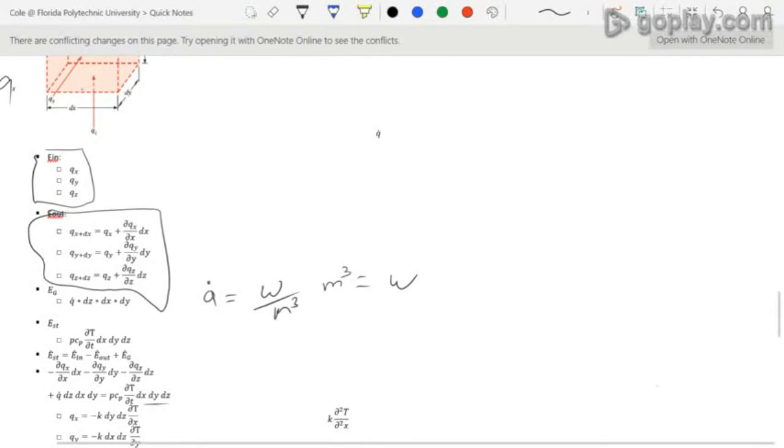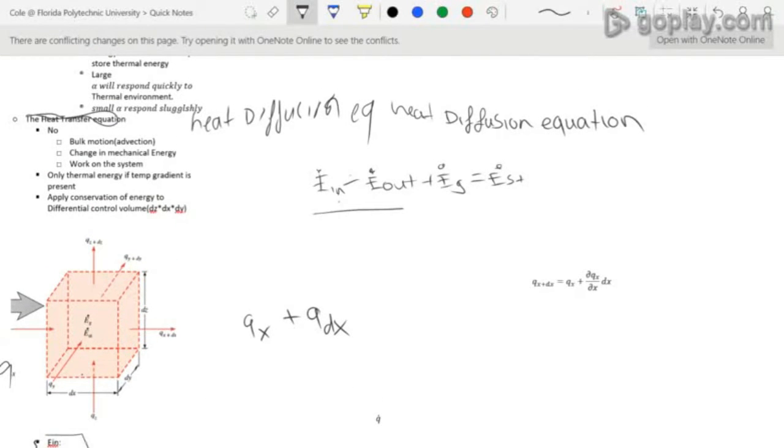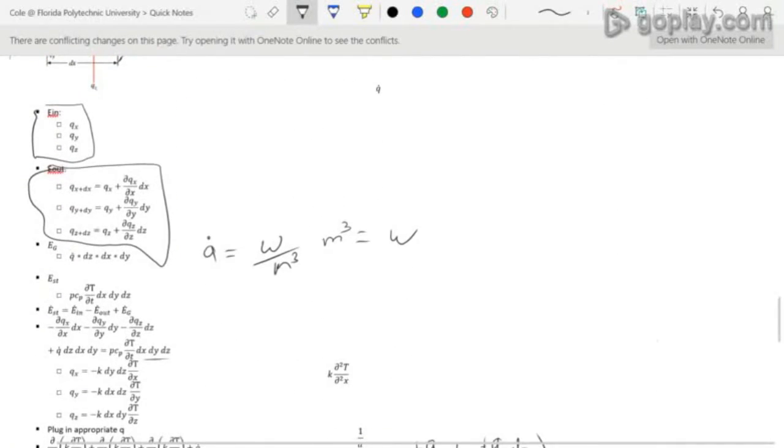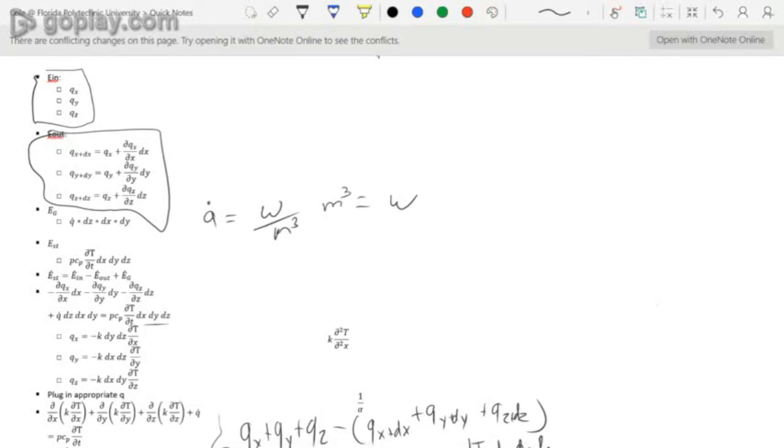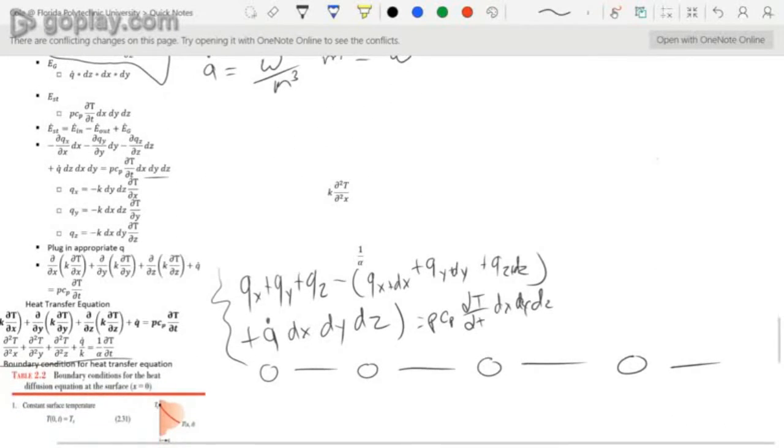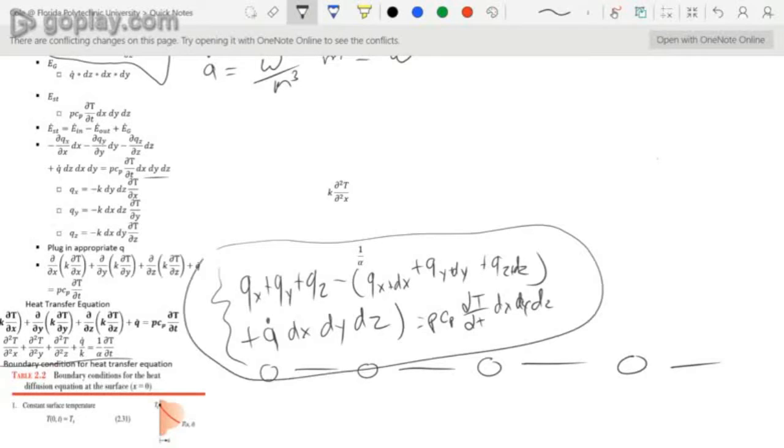And so when you apply the equation that we learned in 1.3, which is right here, you get this right here. We're going to circle it. So you get the Q of X, Q of Y minus the QX, DX, and then the QY, DY plus the QZ, DZ, plus the energy generated equals the energy stored.